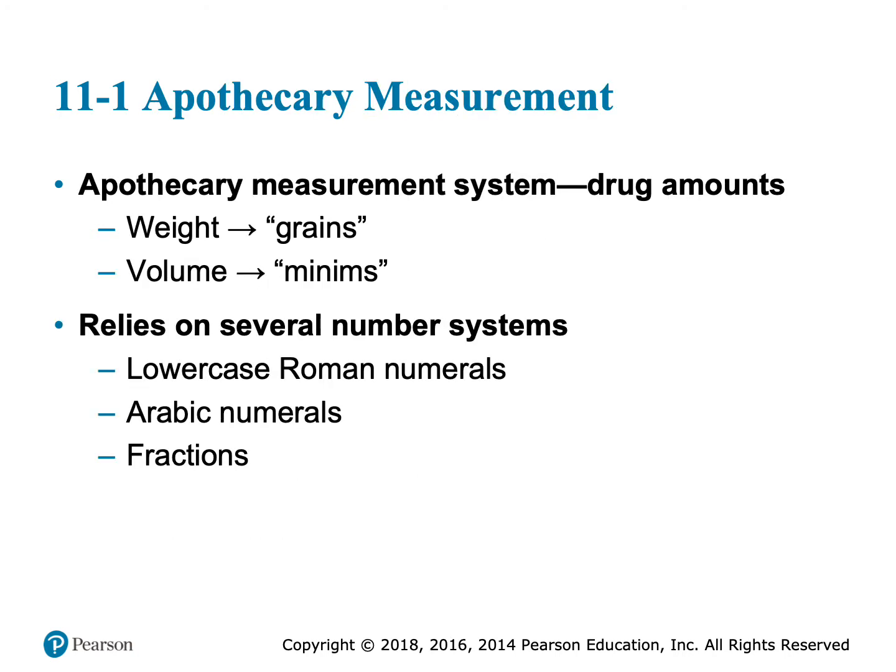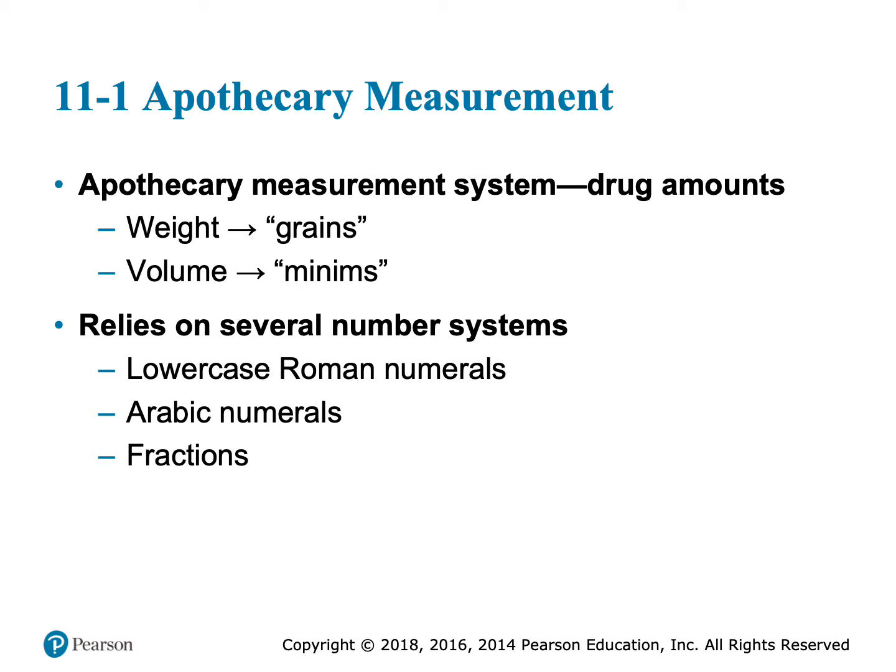The apothecary system is an old measurement, like we said, that originated in England. This system, which uses grains for weight and minims for volume, is used by physicians and pharmacists to calculate drug amounts. It relies on several number systems to denote measurements: lowercase Roman numerals, Arabic numerals, and fractions.